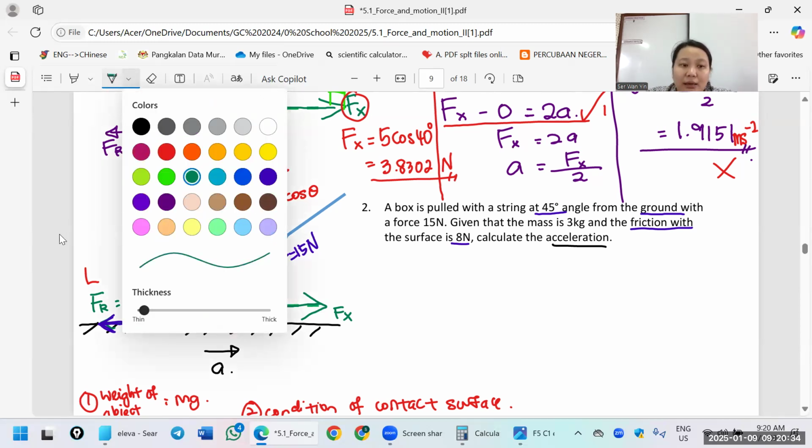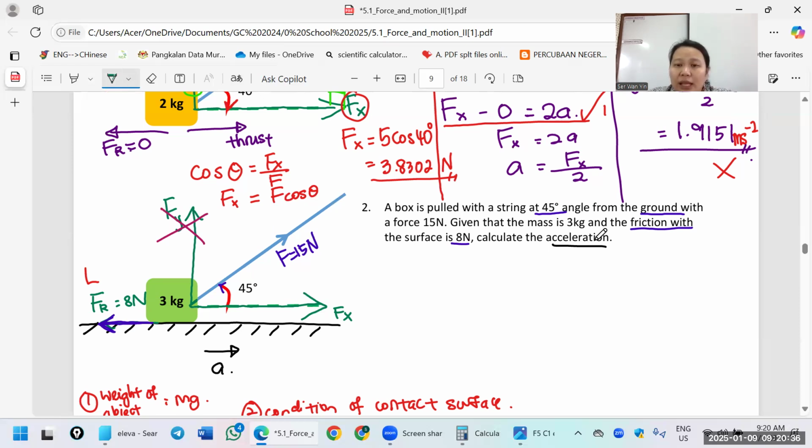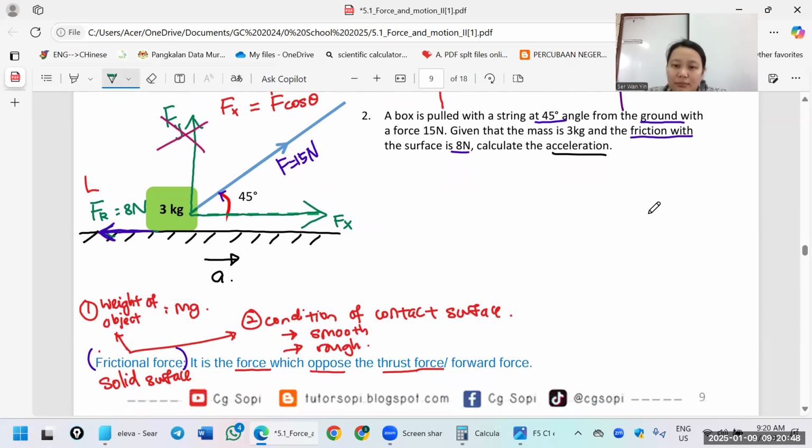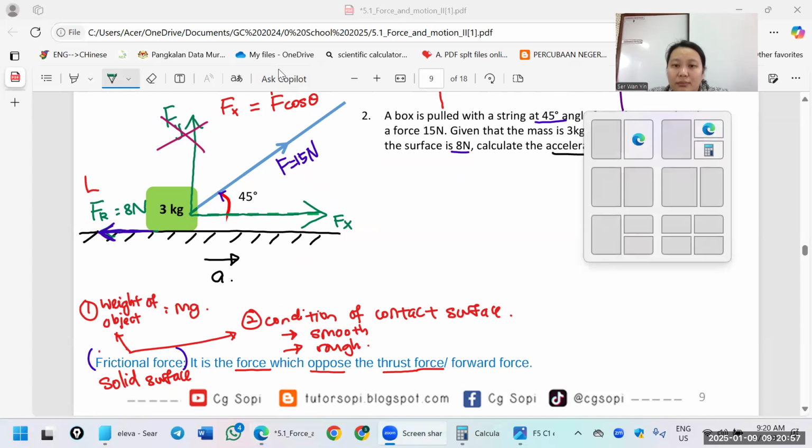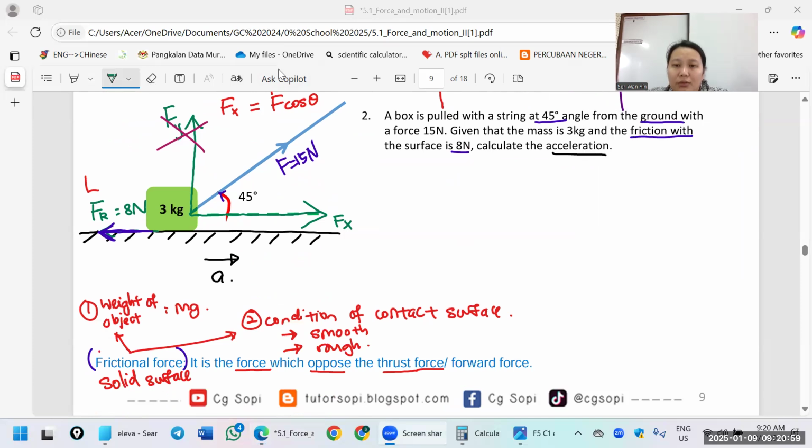Okay, so now what you should do, we want acceleration. So what is the formula now? Sine or cosine, never mind.